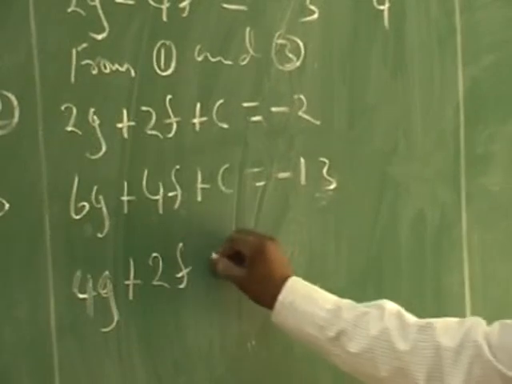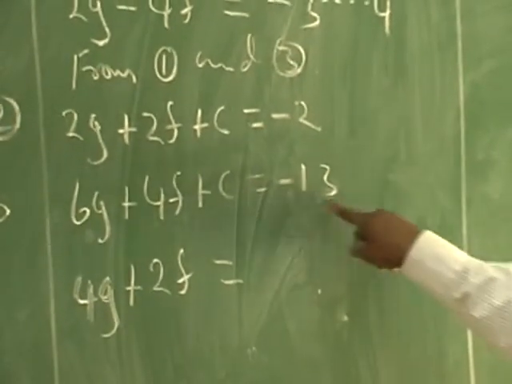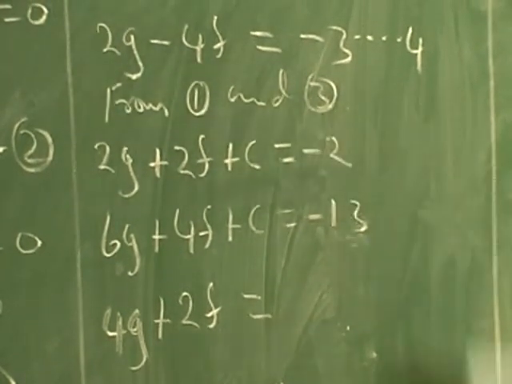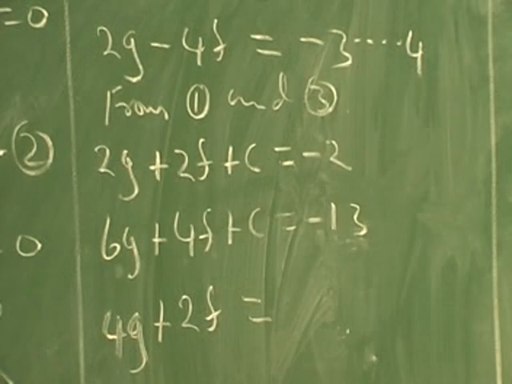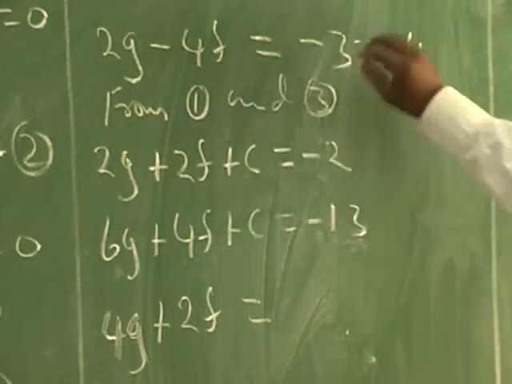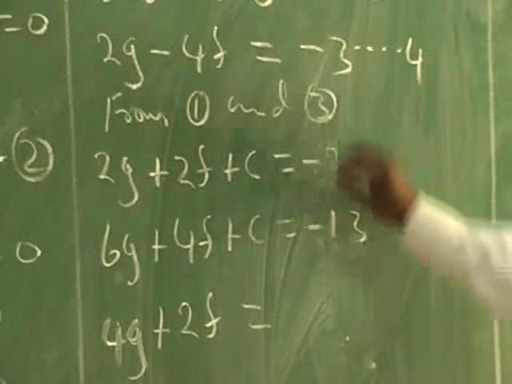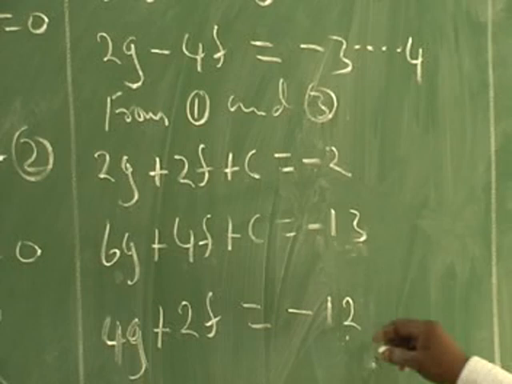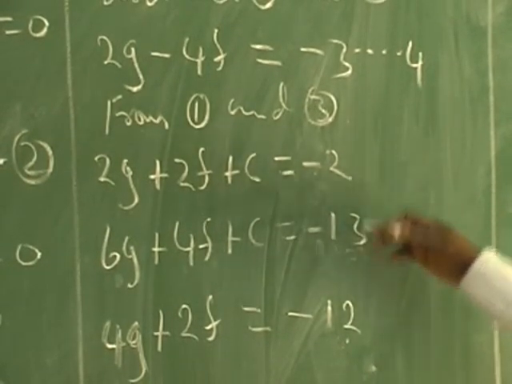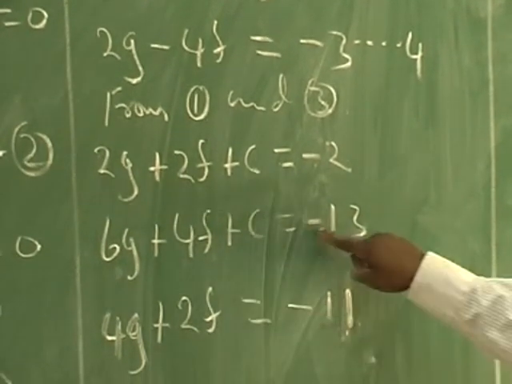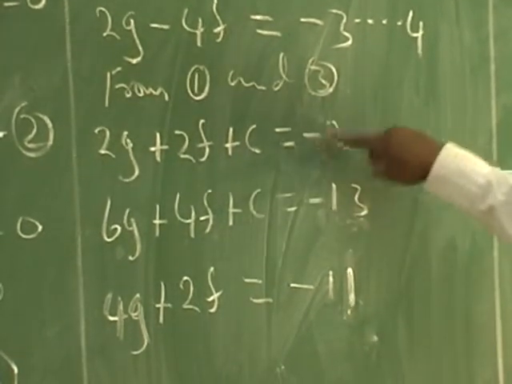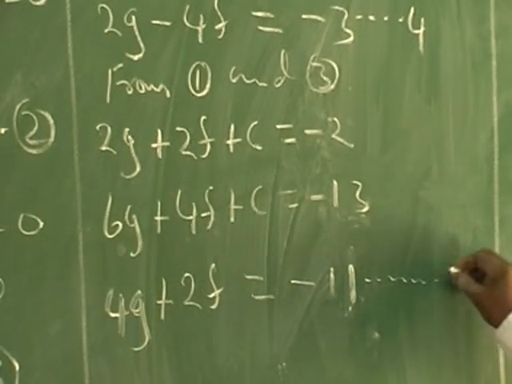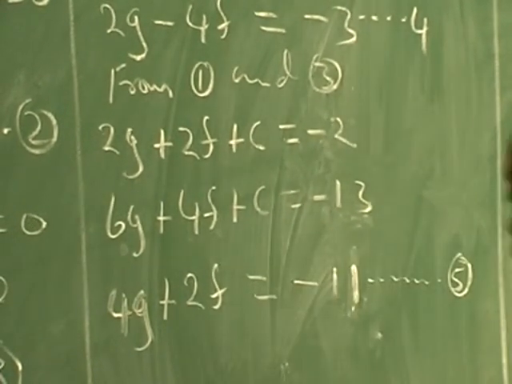Then c becomes 0, and this is minus 13 minus 2. We'll make this one plus. So we have minus 12, sorry, minus 13 plus 2 gives us minus 11. Now call this one equation 5.